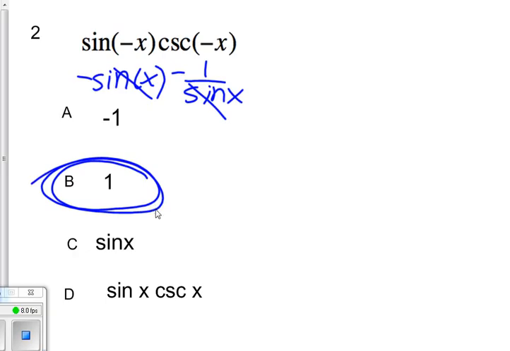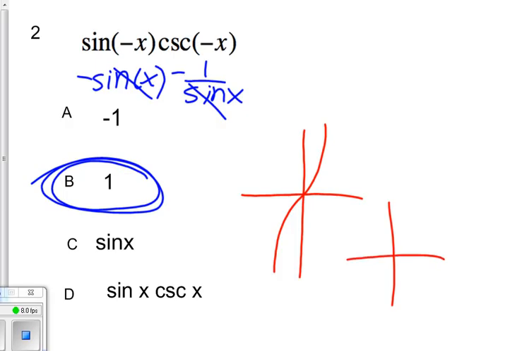Questions on odd and even? Yes. Good question. Odd functions are symmetrical around the origin. That's symmetrical around the origin, right? Sine is also symmetrical around the origin.